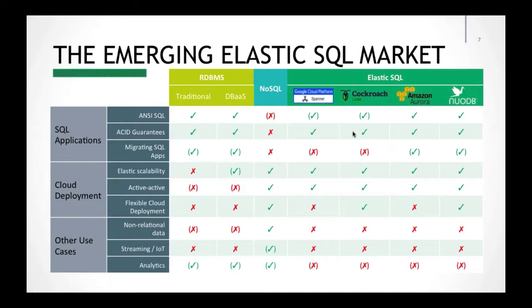On the cloud side is where they fall over and have limitations in elastic scalability, active-active, flexible cloud deployments, and other use cases. You can use them for streaming, IoT, or other data sources like JSON, but traditionally they're not the best in those modes.